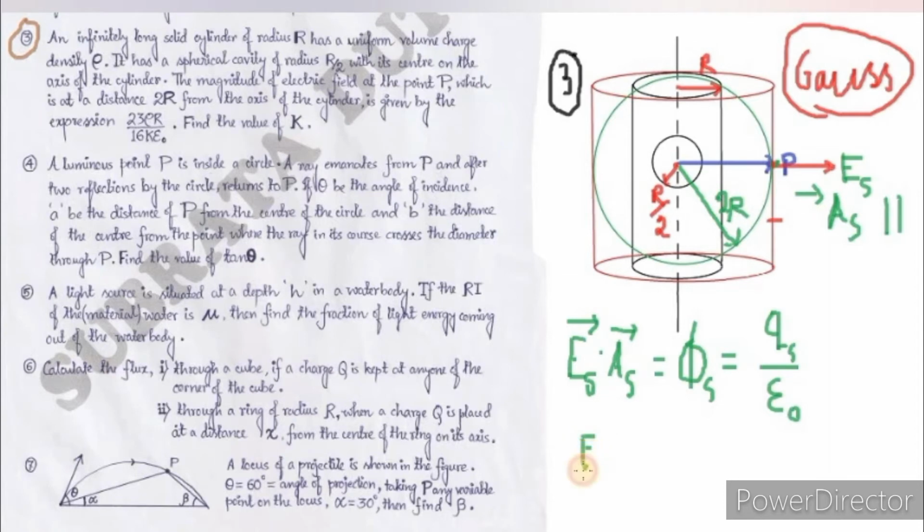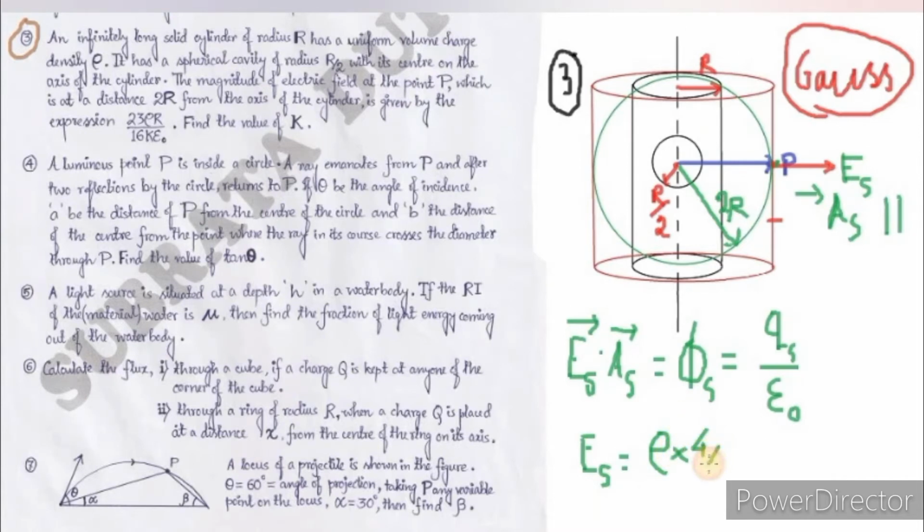So applying Gauss theorem, we get the electric field due to the spherical part of radius r by 2 as total charge divided by epsilon naught into area.